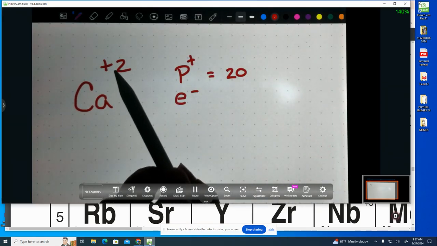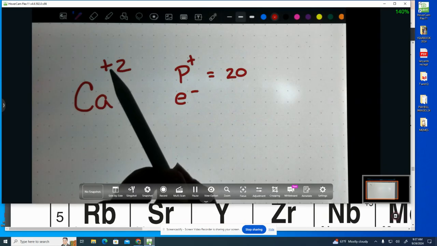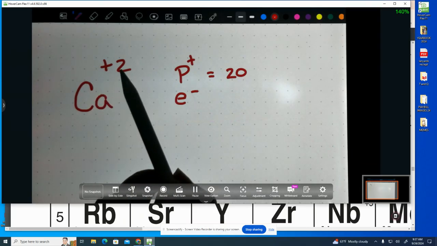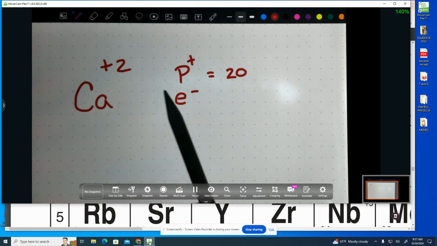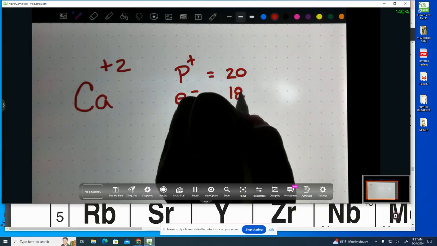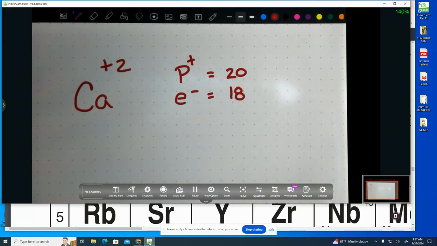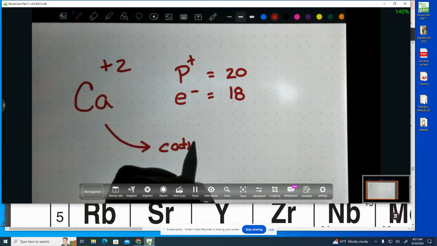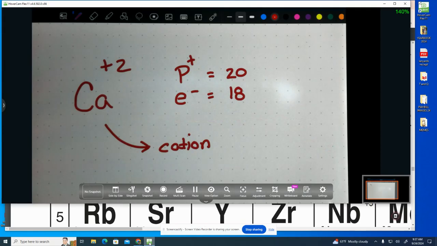It has a +2 charge, which means it lost electrons. How many did it lose? 2. So how many electrons does it have now? 18 electrons. Is this a cation or an anion? It is a cation, because it has a positive charge.